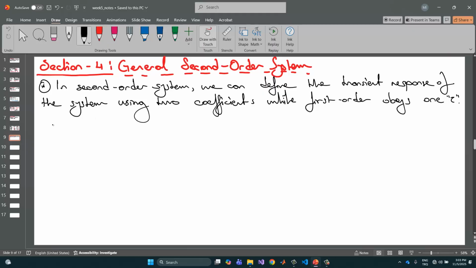For the first order system, G(s) is equal to b divided by s plus a. Okay, and so taking the inverse Laplace transform yields us this kind of response: b times e to the power minus at.